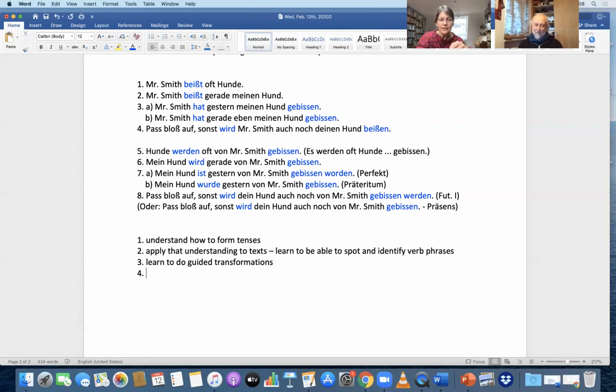And the fourth step is to learn when to use which tense and mode, etc. So this includes, okay, we use the present perfect in German to talk about the past.